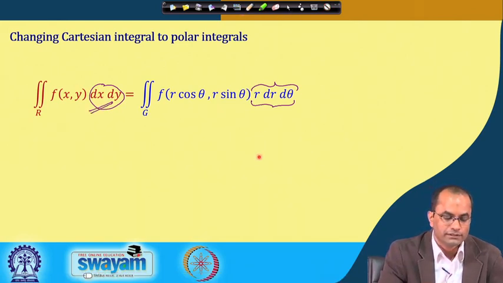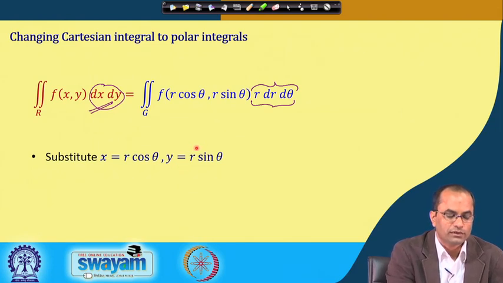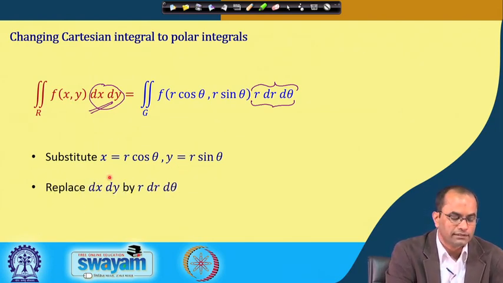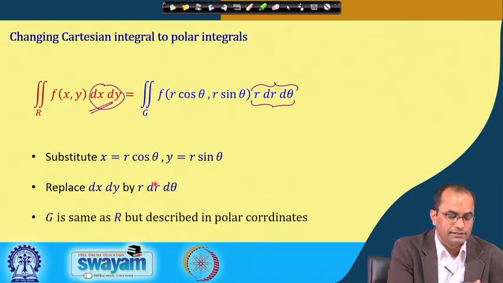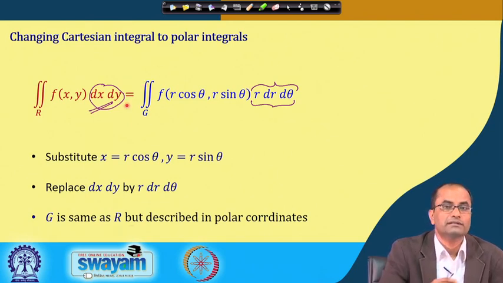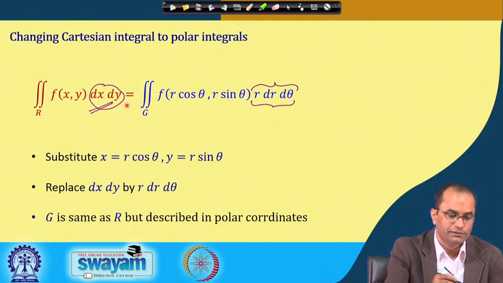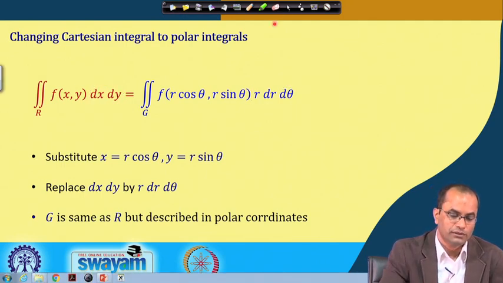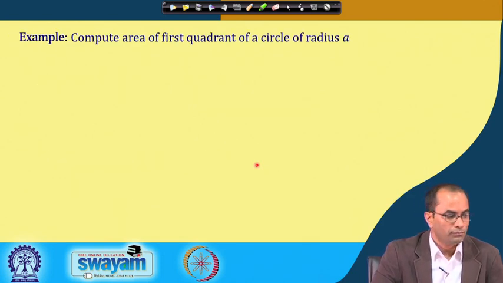So, the steps are that we substitute x equal to r cos theta, y equal to r sin theta in the integral, and dx dy is replaced by r dr d theta, and this region is naturally the same region, but now described in terms of polar coordinates. We will see with the help of examples now how to evaluate integrals in polar form.